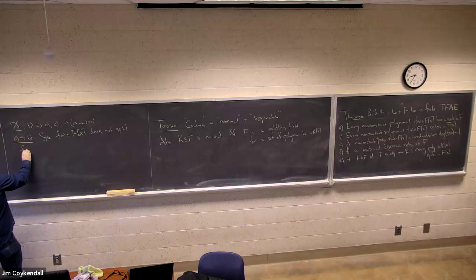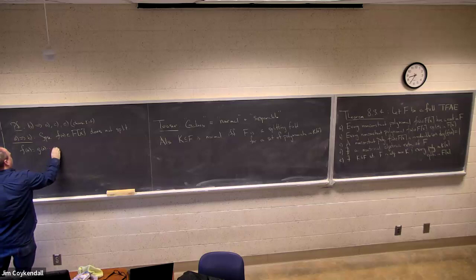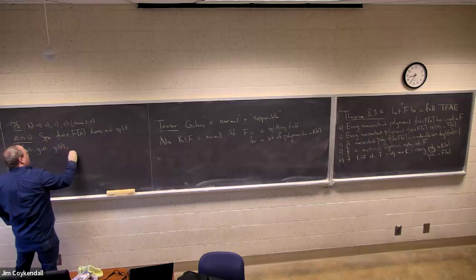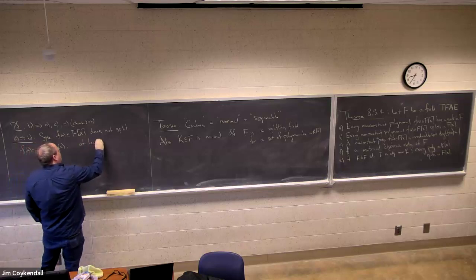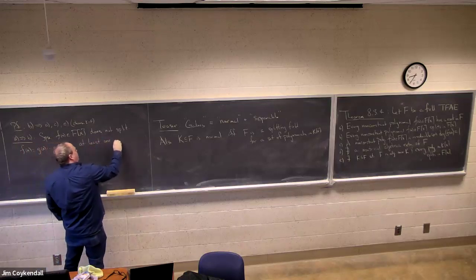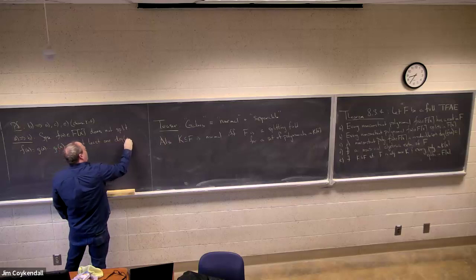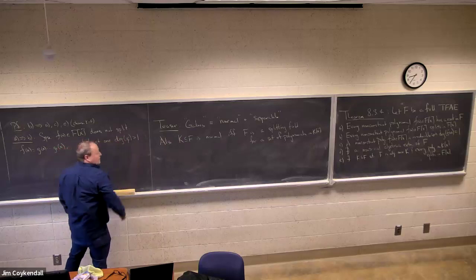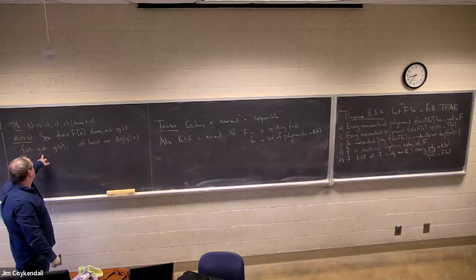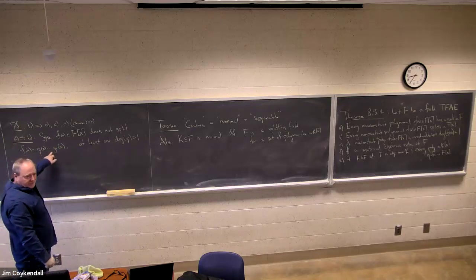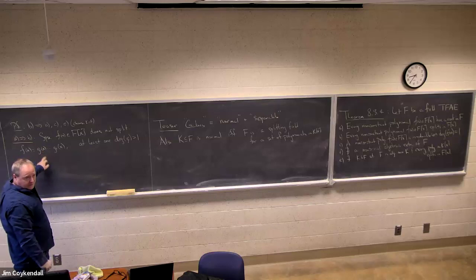Then f(x) is g1(x) through gt(x) with at least one degree of gi bigger than one. Right? So if it doesn't split, suppose it factors into some product of irreducibles, but at least one of these irreducibles has to be a degree greater than one. Agree? Doesn't have a root.